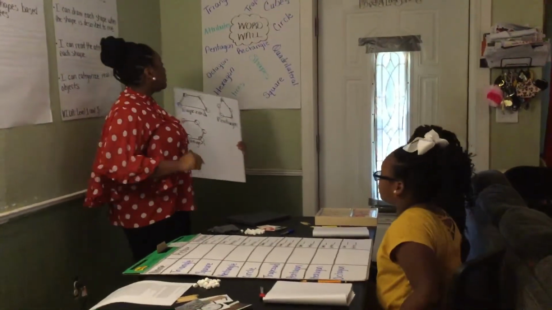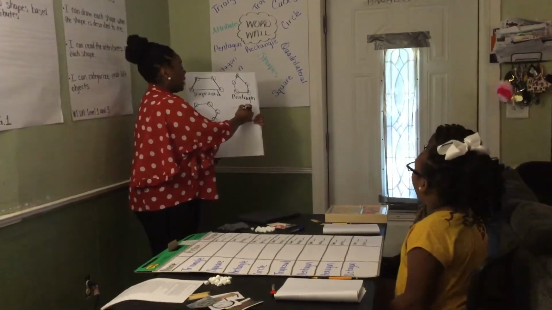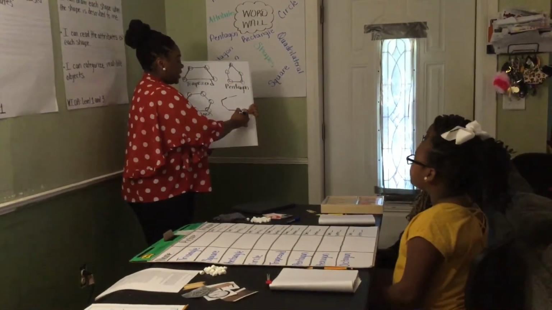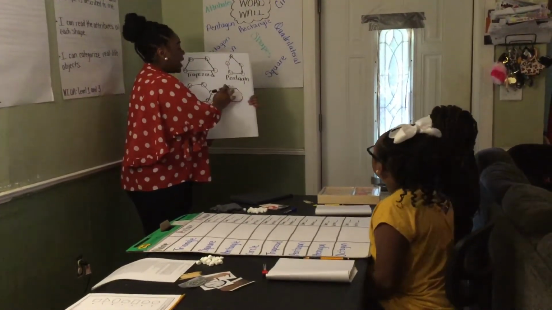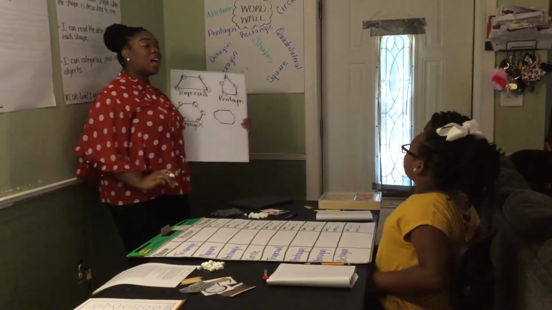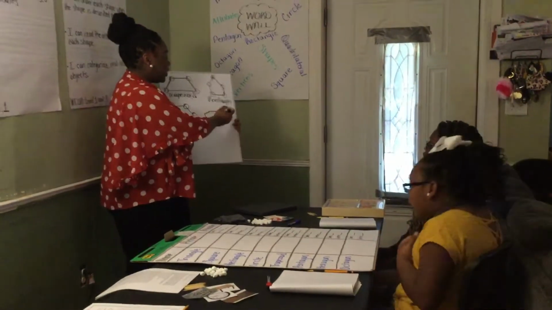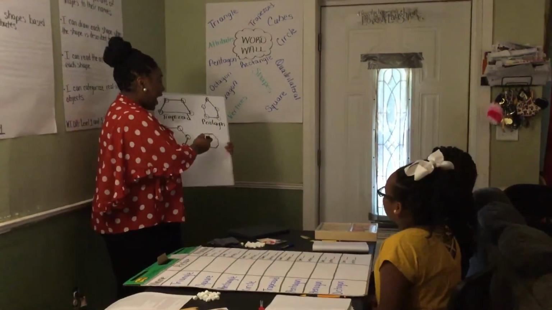Awesome job. The last shape we're going to talk about today is an octagon. Can you say octagon? Octagon. Great job. And an octagon is special because an octagon has, let's count them. 1, 2, 3, 4, 5, 6, 7, 8.